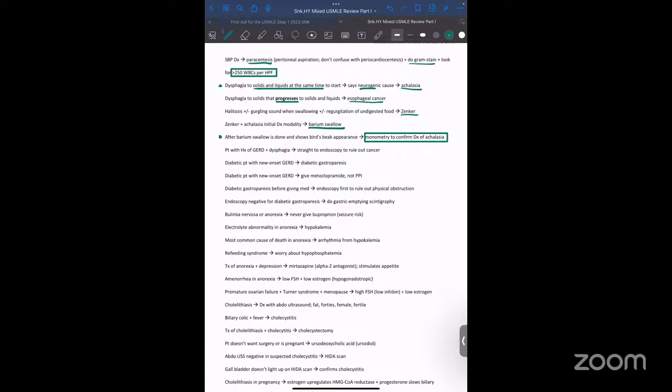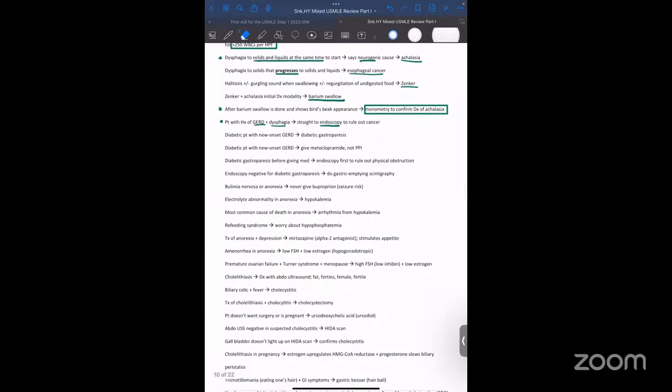Patient with history of GERD plus dysphagia, straight to endoscopy to rule out cancer. GERD plus dysphagia, directly to endoscopy. Diabetic patient with new onset GERD, diabetic gastroparesis.